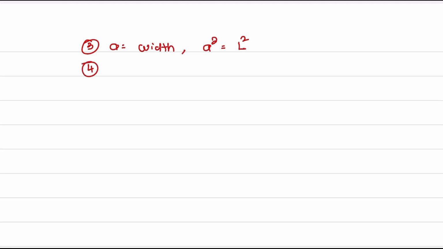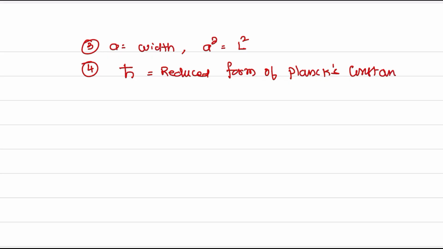Now, the fourth one, very crucial one. What is h cut? This is called the reduced form of Planck's constant. How is it reduced? The reduced Planck constant, please remember, is very, very important.